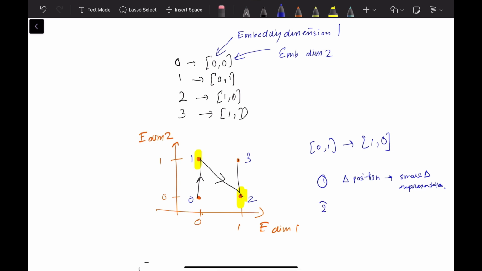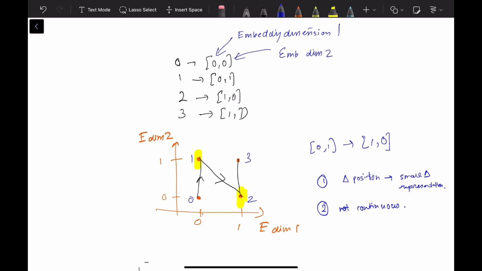The second issue that we have with this model is that it is not continuous. Continuity in positional encoding helps the model to generalize better to positions that it hasn't seen before.